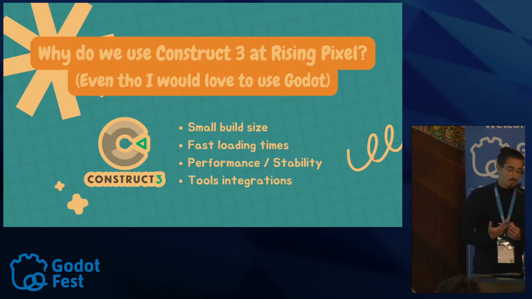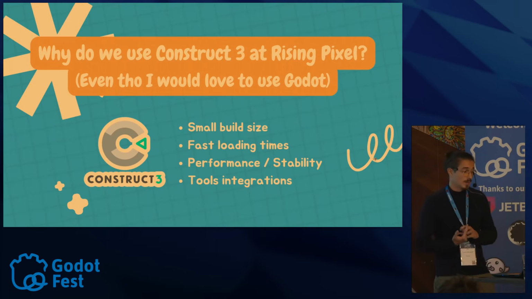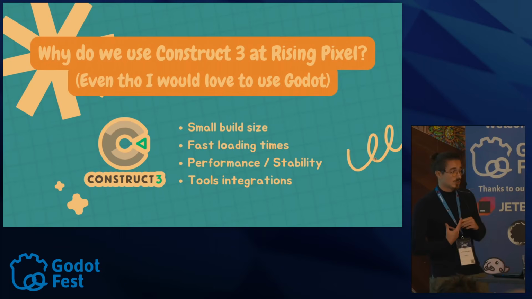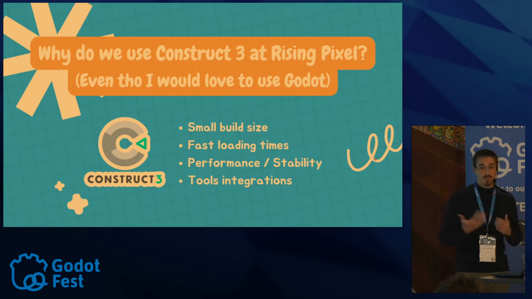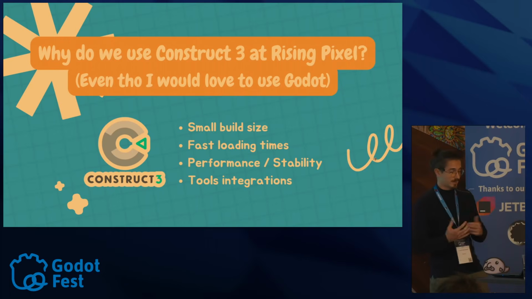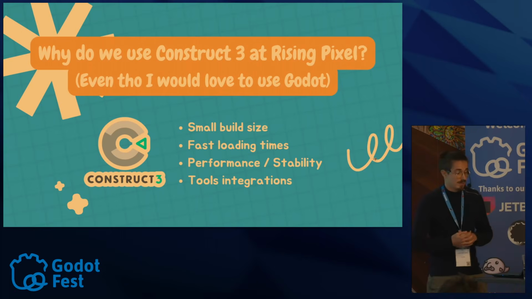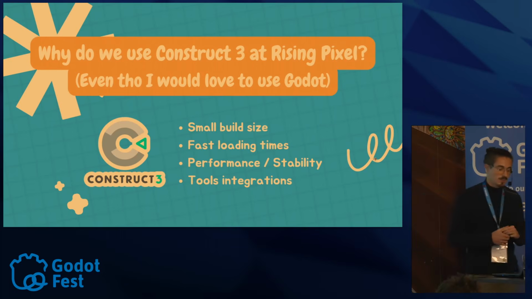Usually web builds with Construct go down to 5 megabytes, which is perfect for web games. Construct also offers good performance and strong stability across devices, which is important when releasing a web game, which is meant to run on different types of devices, as we saw.